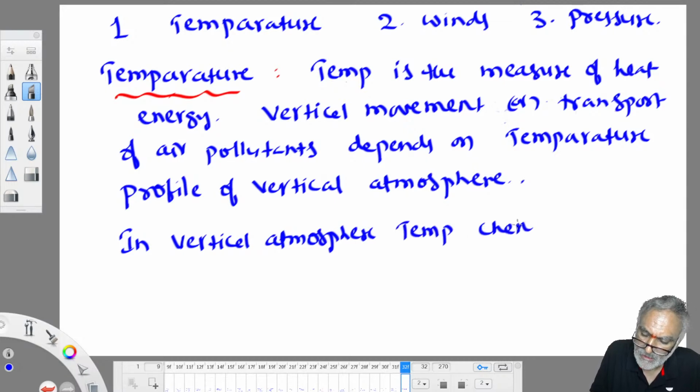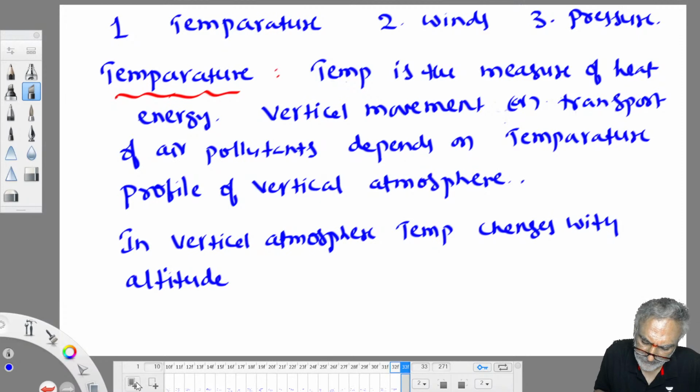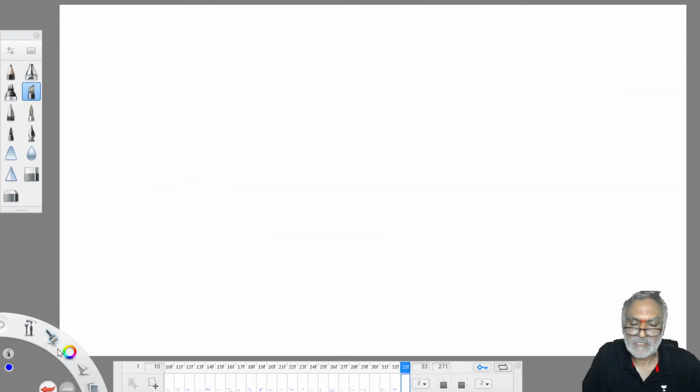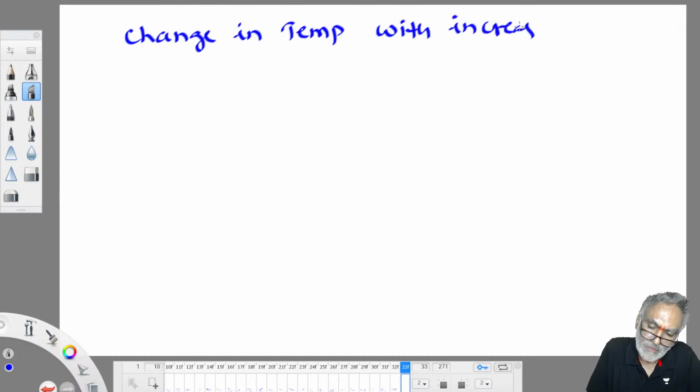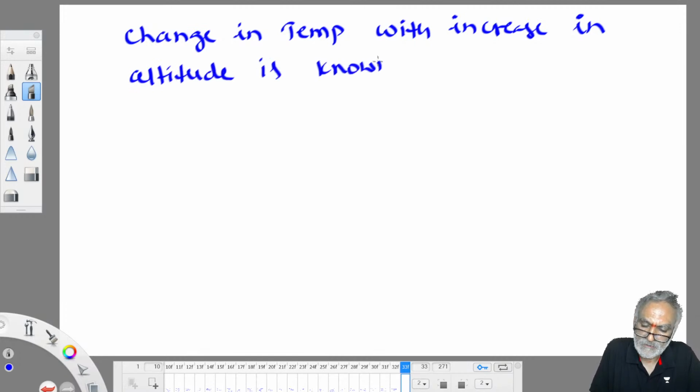So the change in temperature with the increase in altitude is known as lapse rate. So that is what we need to measure. Technically it is known as lapse rate.